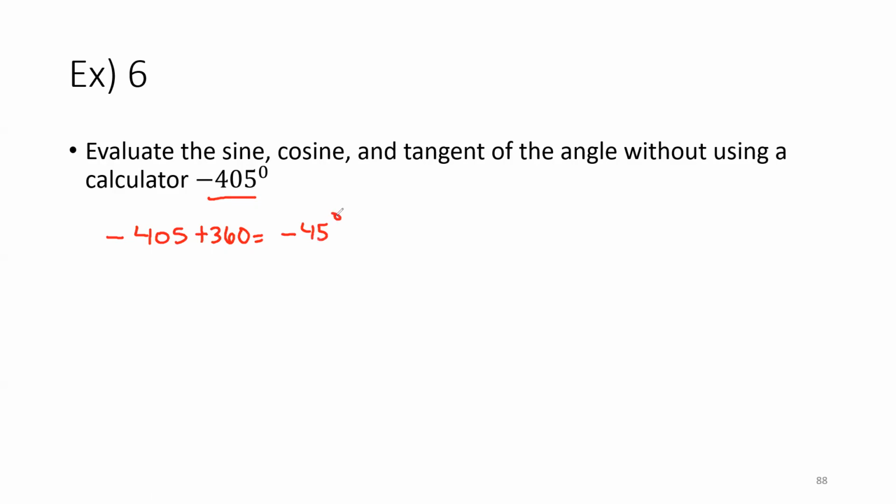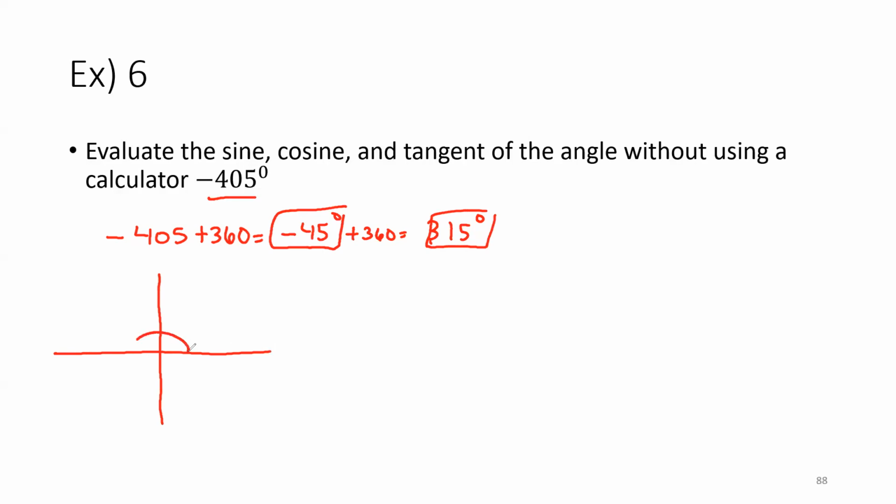Okay, so a lot of people could see that, know where negative 45 in the unit circle is. You could stop here, or you could keep on adding 360. And that's 315. Believe it or not, 315 is the same thing as negative 45 degrees. It'll give you the same position. So it's up to you.